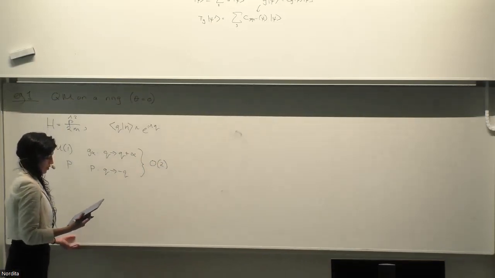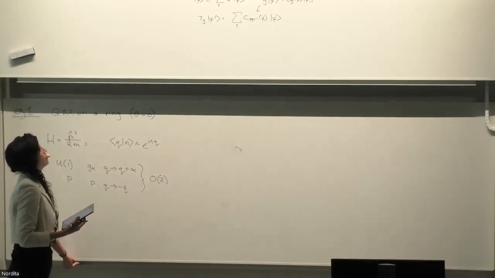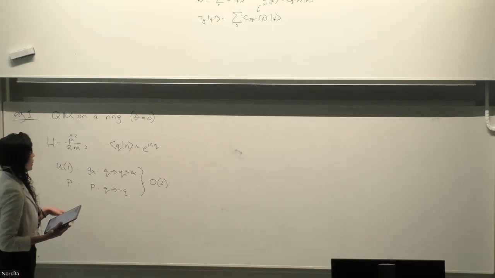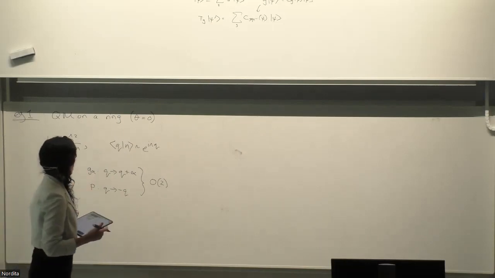Now, because they don't commute, if we choose to gauge P, we break pretty much all the G alphas except for G pi and G0.